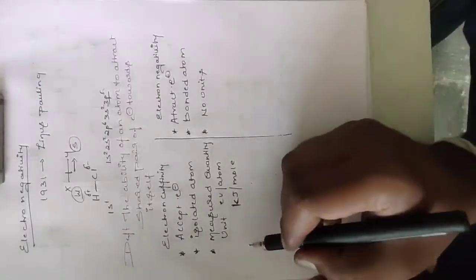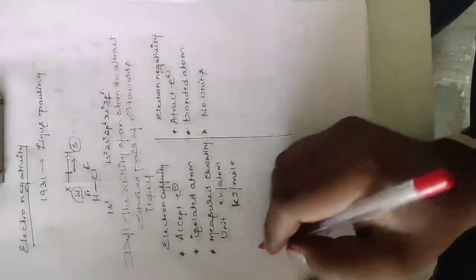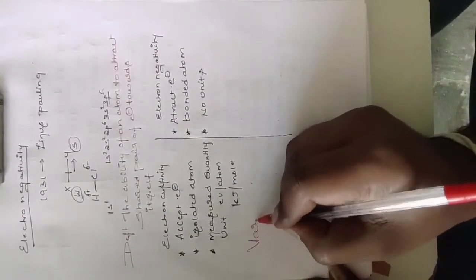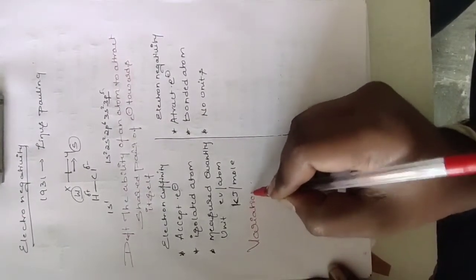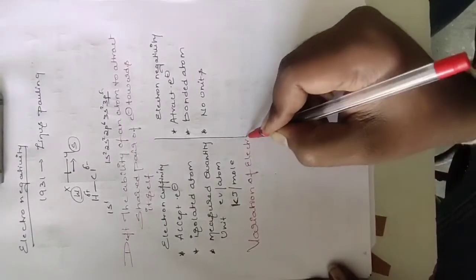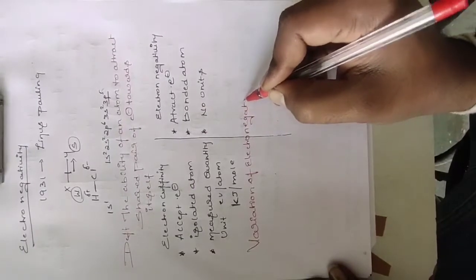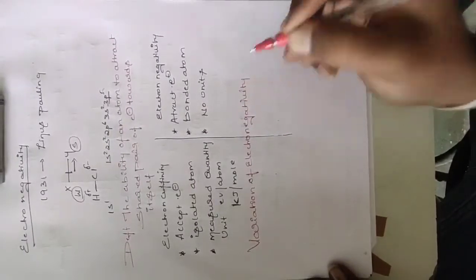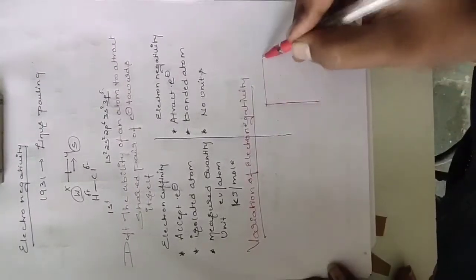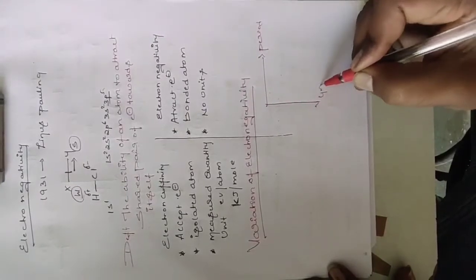Now we're going to talk about variations of electronegativity in the periodic table, in period and group.